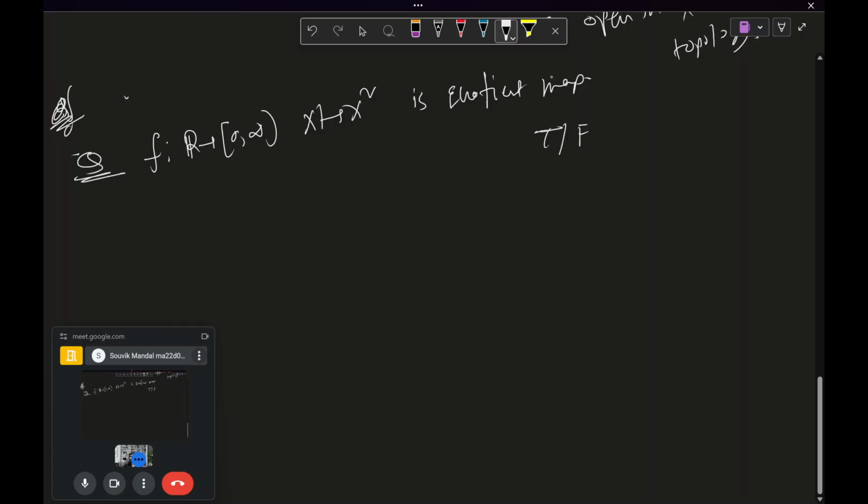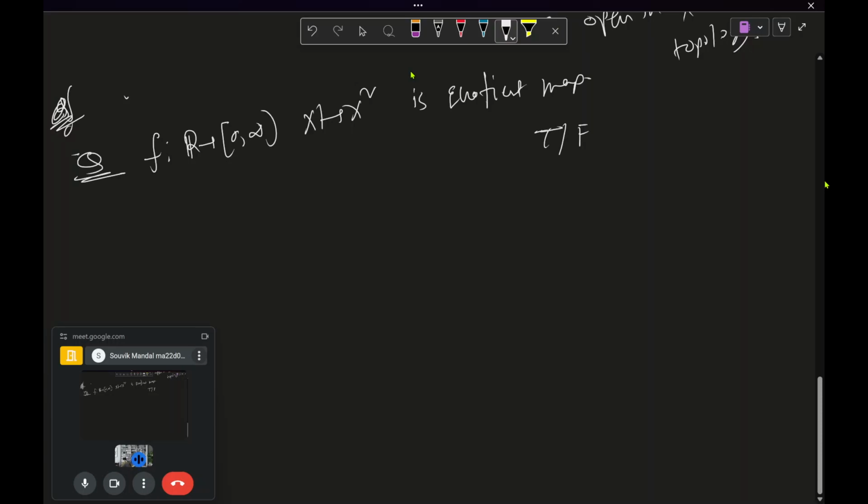First, we need the definition. For a quotient map, we need to check the map is continuous, surjective, and, if the map p is from X to Y, then p inverse of U is open if and only if U is open in Y. It's an if and only if criterion.